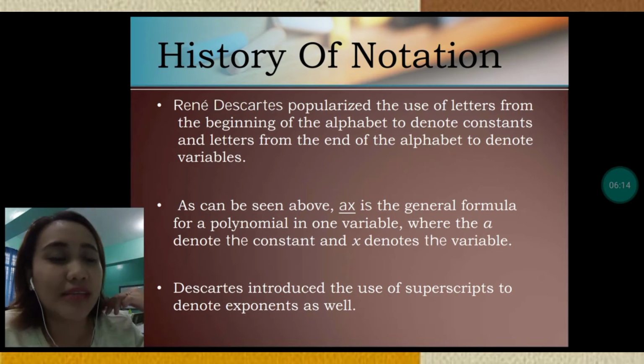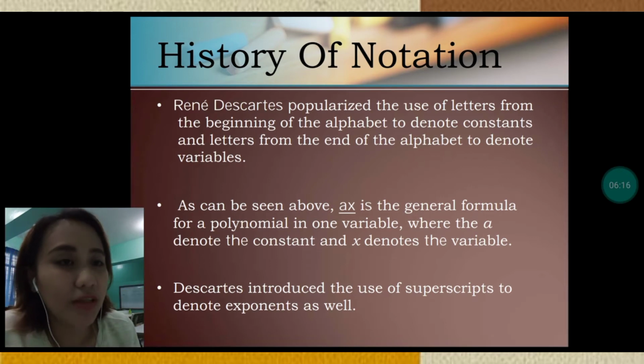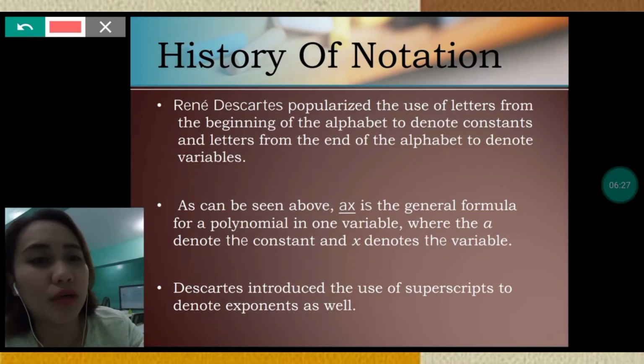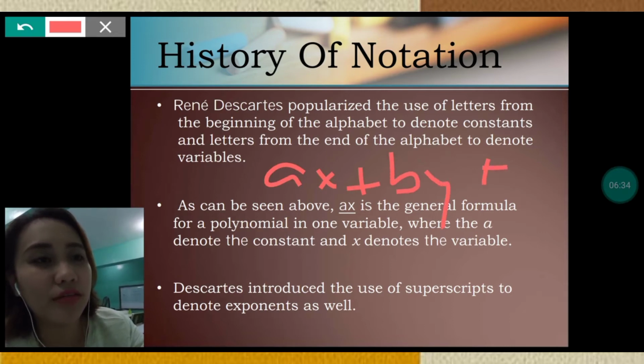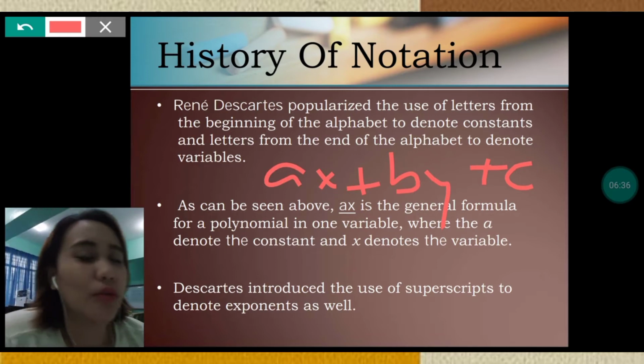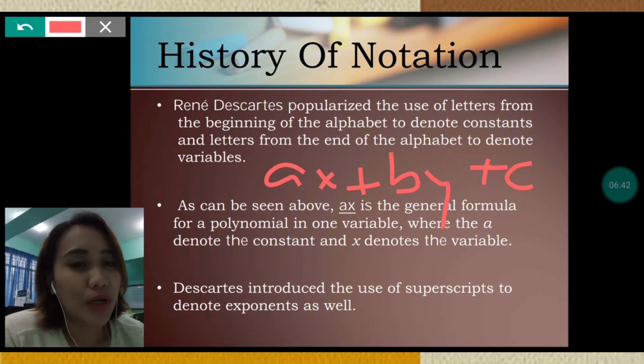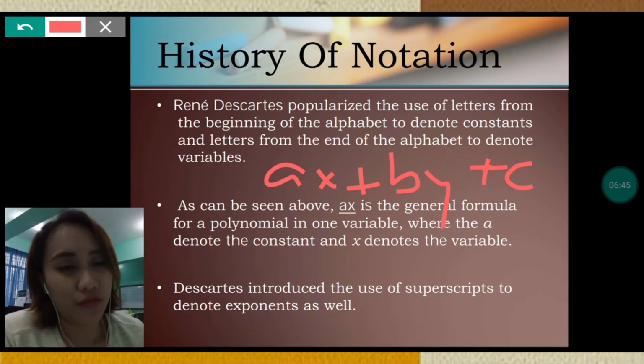So as can be seen above, ax is the general formula for a polynomial in one variable, where the a denotes the constant and x denotes the variable. So we can write ax plus by plus c. So a, b, and c, those are our constants, or those are the numerical coefficients. x and y, those are our variables.